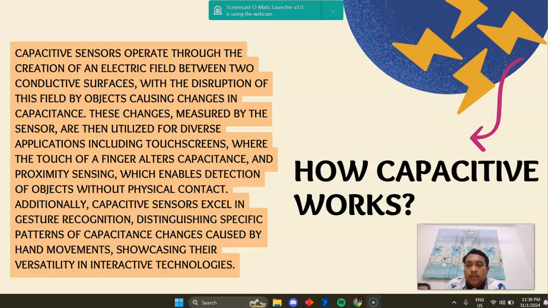This change, measured by the sensor, is utilized for diverse applications including touchscreens, where the touch of a finger causes a change in capacitance, and proximity sensing, which enables detection of objects without physical contact. Additionally, capacitive sensors excel in gesture recognition, distinguishing specific patterns of capacitance change caused by hand movement, showcasing their versatility in interactive technology.